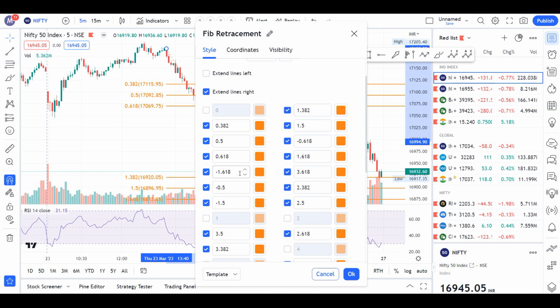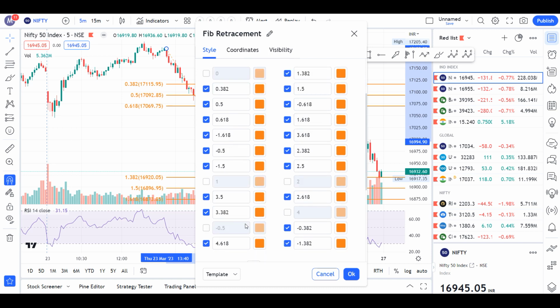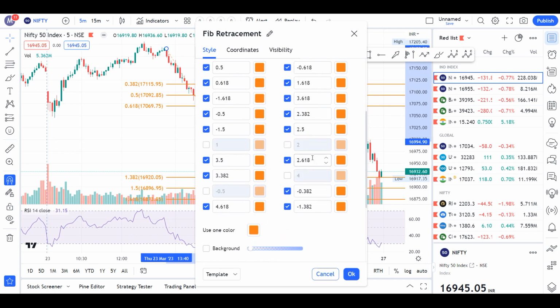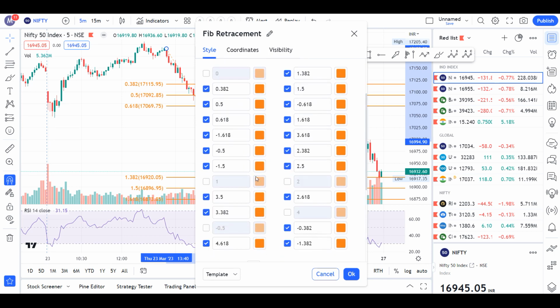So I have added minus 0.618 and similar levels again, so 1.618, minus 0.5, minus 1.5, all these levels. This is what I have done with the settings, and you can take it till 3.618.